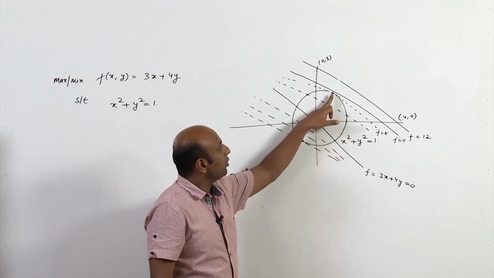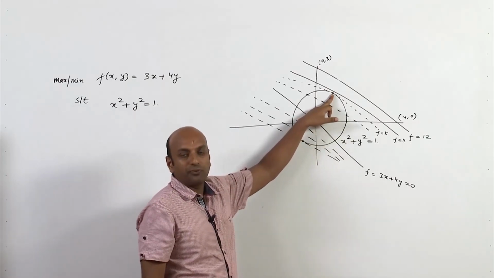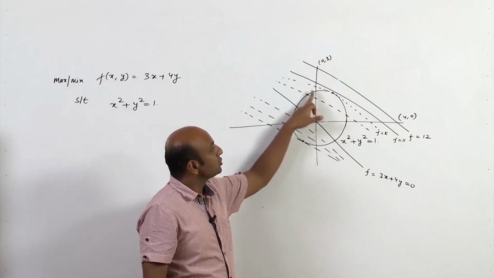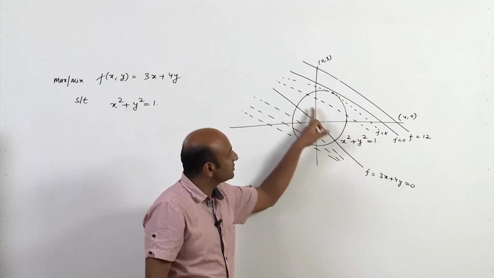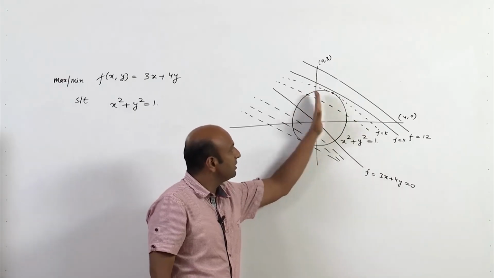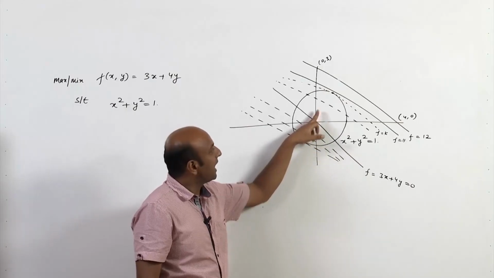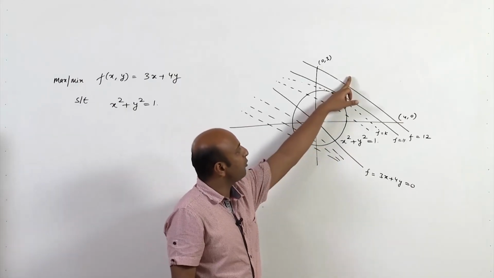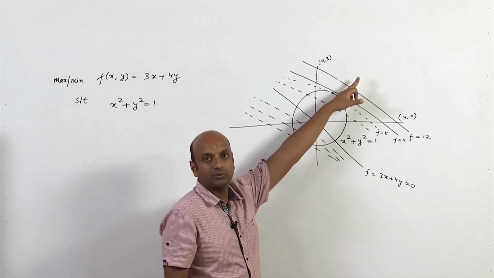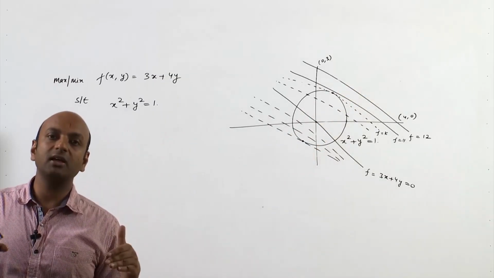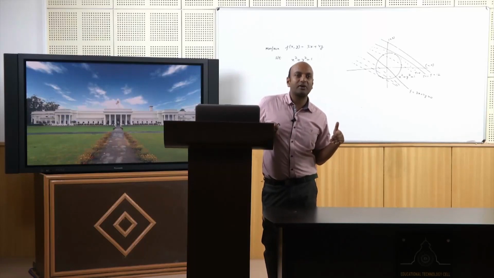This is the point of maxima. When we move inside the region, the value of f decreases, here it is 0, and when we move away from this point, the value of f increases. But we are interested in finding those x and y which are on the circle x squared plus y squared equal to 1.